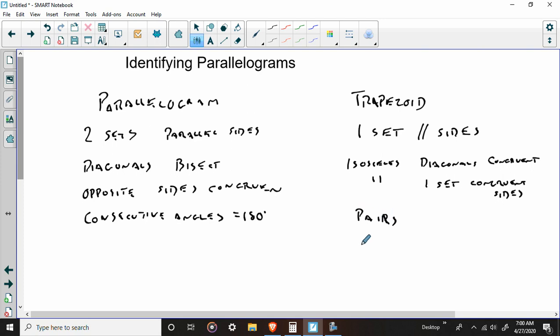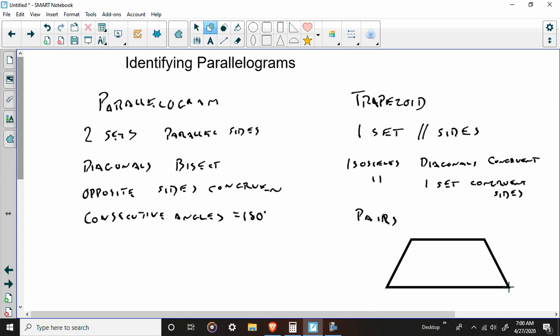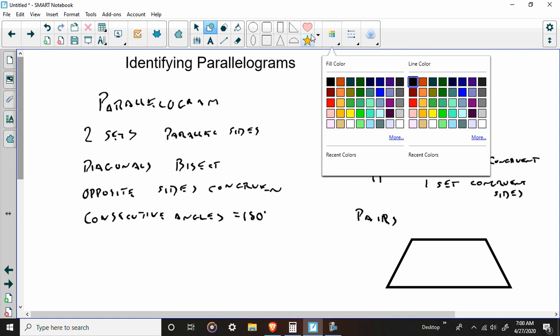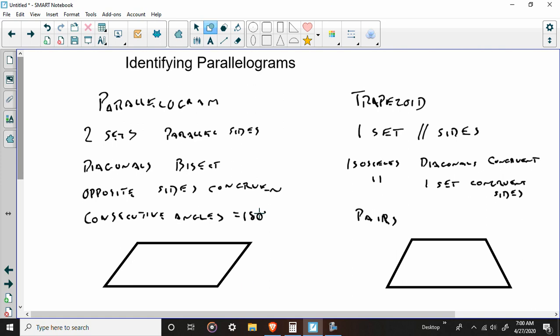Okay, so just to kind of show you guys what some of these things look like, if we had a trapezoid, an isosceles trapezoid here, okay, and then over here we had a parallelogram. Again, you have two sets of parallel sides here, right?